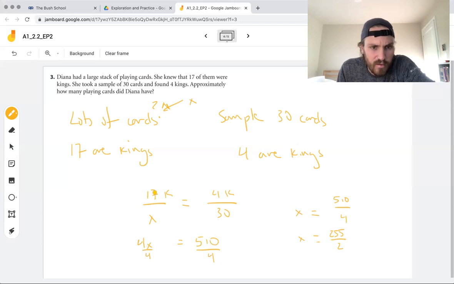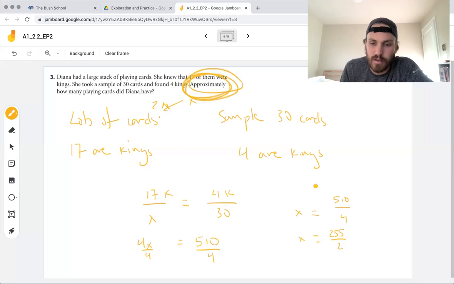So let's see here. 17 over x equals 4 over 30. Okay. So 4x is equal to, so 3 times 0 is 0, and 3 times 7 is 21, 30, 40, 51. Oh, approximately. That's the key word, approximately. So we're going to approximate.